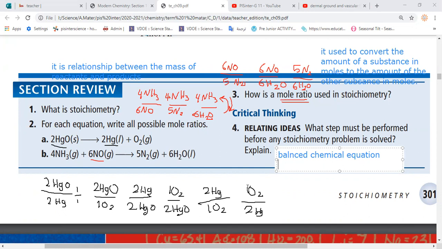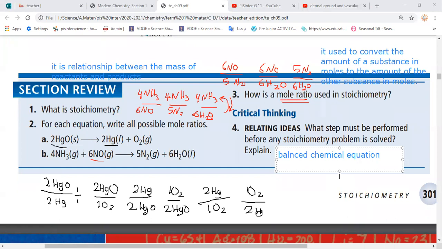Yes, Haya? Find out the unknown information. No, guys, understand me. Here we are in stoichiometry. We just find the mole or the mass relation between reactants and products.